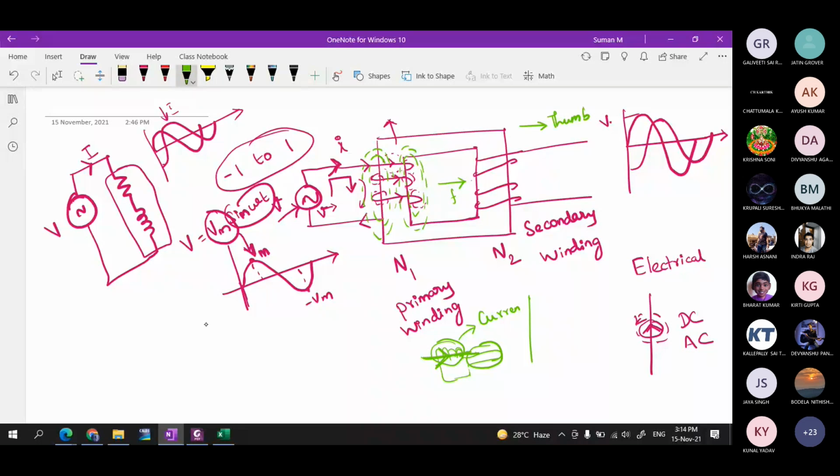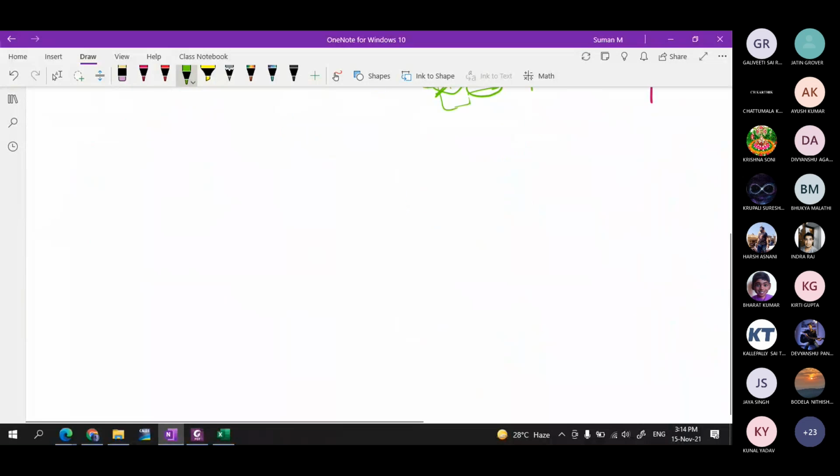If you are holding the wire with your right hand, the fingers will give the current direction, meaning your flux will be in the upward direction. So if you have flux in the upward direction, you can mark the flux direction like this. Let me redraw, so you are drawing the flux going in the upward direction.